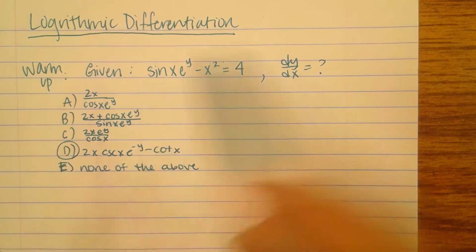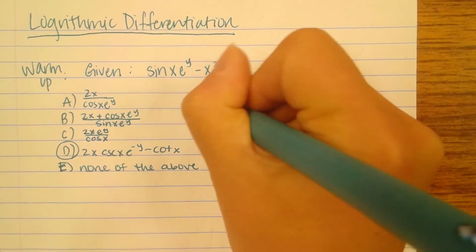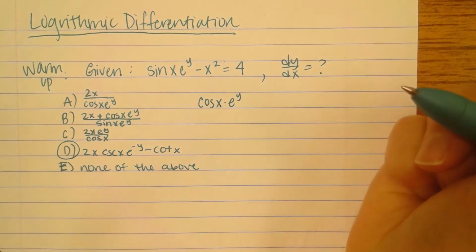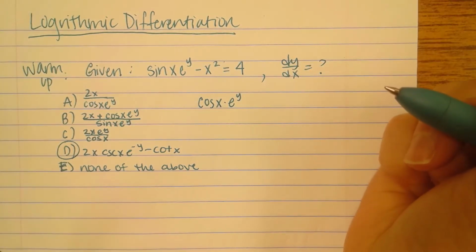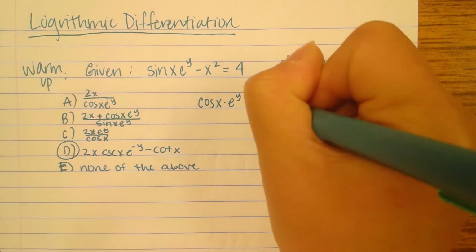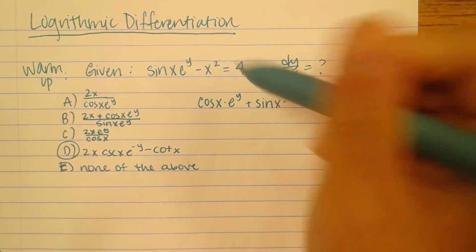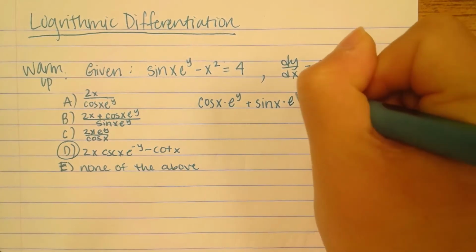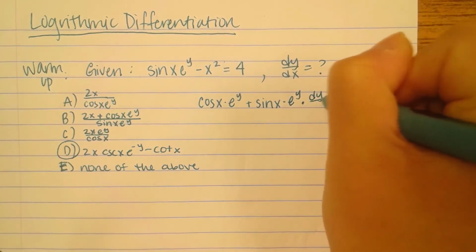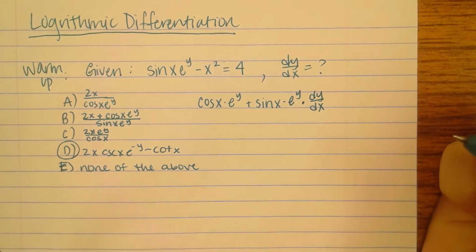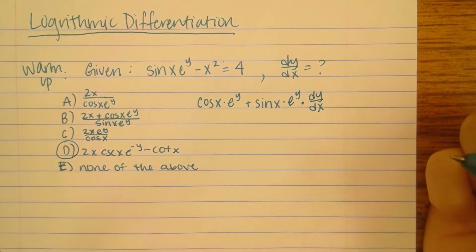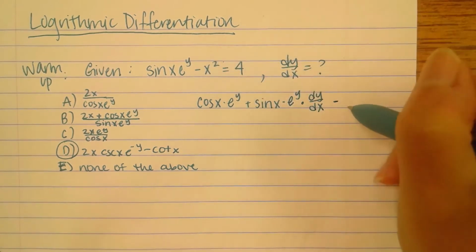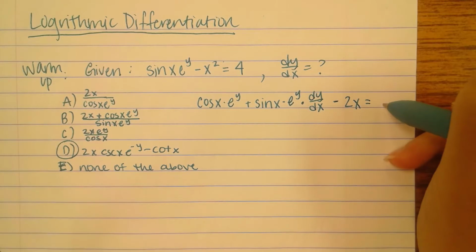So derivative of my first function, sine, is cosine x times my second function, which is e to the y, plus my first function, sine x, times the derivative of my second function. Derivative of e to the y, derivative of any e function is just itself. But then again, I'd have to multiply by dy dx because I'm dealing with this derivative in terms of x, but this is a derivative with y in it. And then minus derivative of x squared is 2x, and derivative of 4 is 0.